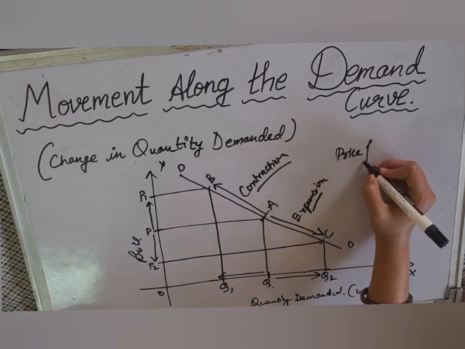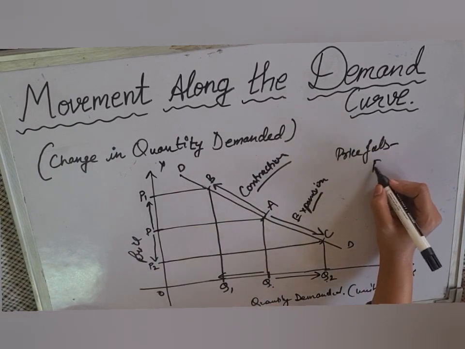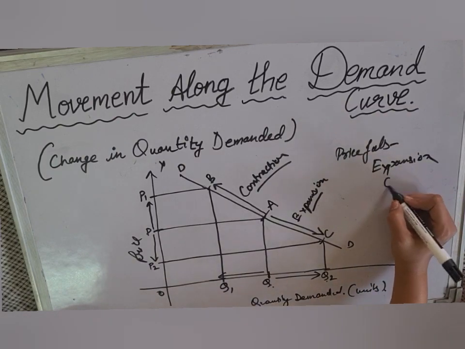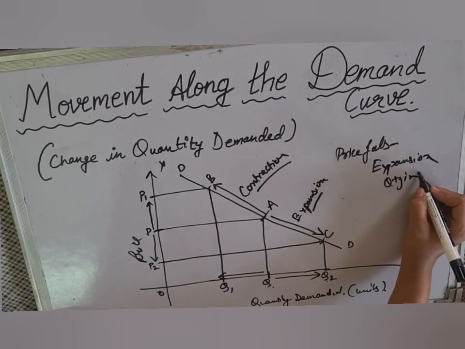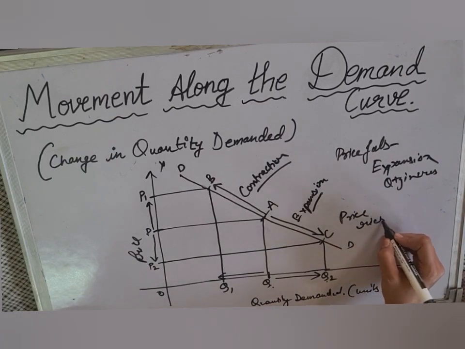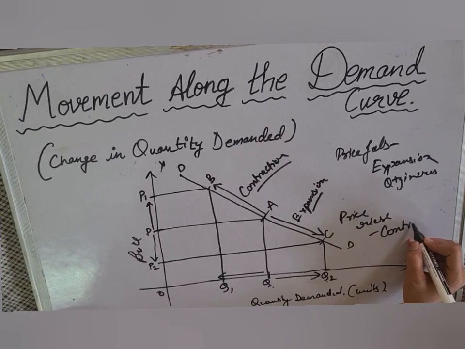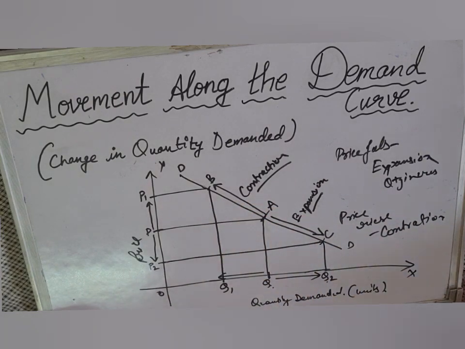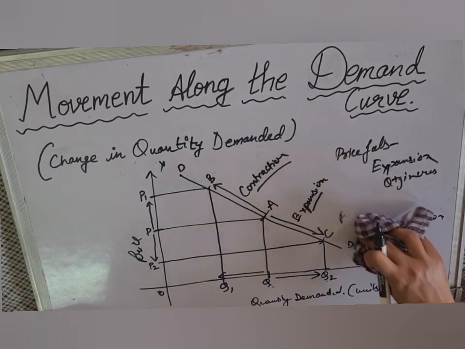Price falls, it is expansion of demand, because the quantity increases. And if the price rises, there is a contraction in demand. And these both are called the movement along the demand curve.